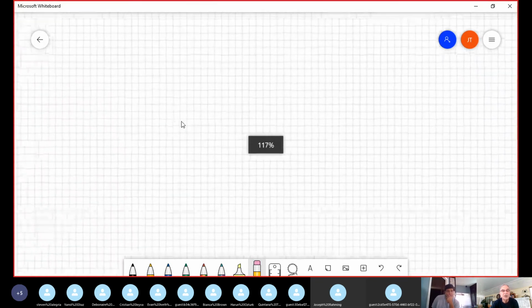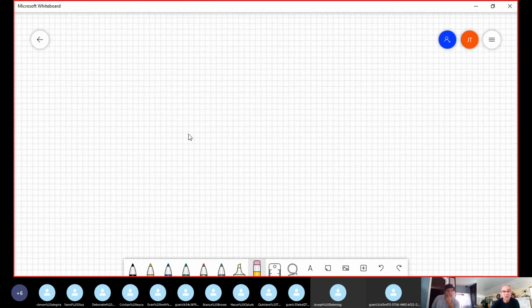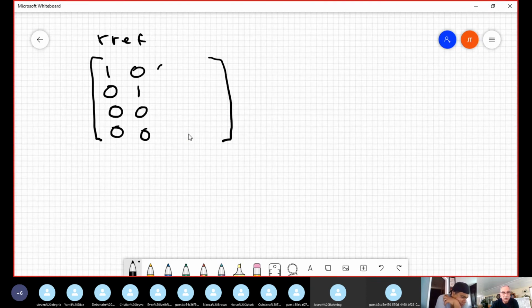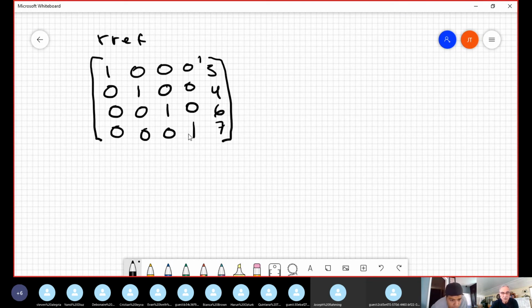Okay, suppose we have 3 scenarios. Scenario number 1: after the application of RREF, suppose that we got this possibility. 1 0 0 0, 0 1 0 0, 0 0 1 0, 0 0 0 1, with right-hand side 5, 4, 6, 7.